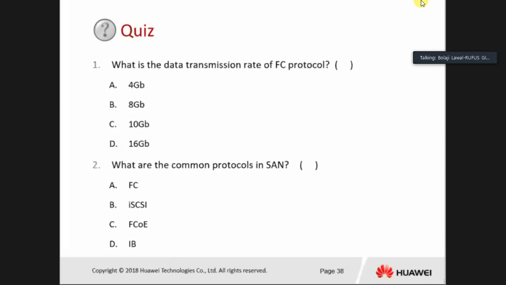I'm really impressed. And there's one thing about answering Huawei questions. Please see this question like we're having a lab class or an interview. This question says, what is the data transmission rate of fiber channel protocol?